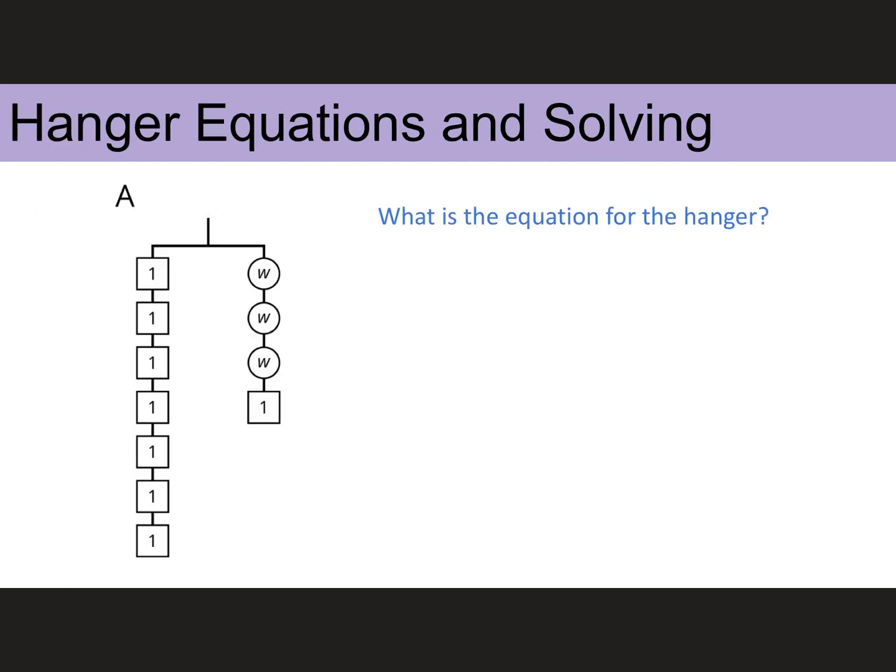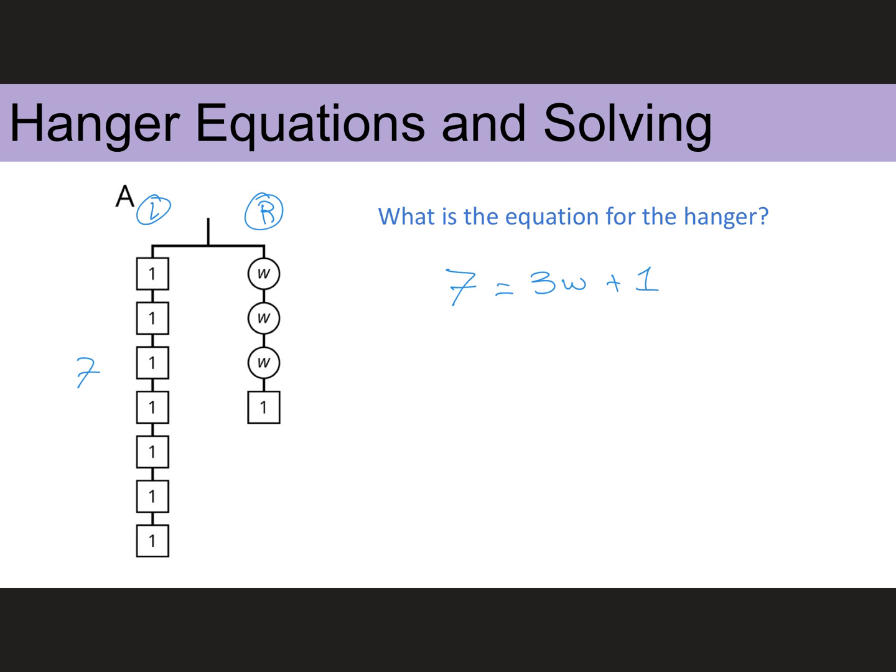All right, finally, just for fun, I'm going to do a 2-step equation for you. Now, we did this in class. Here's left, here's right. Now remember, in a hanger, one side is always balanced with the other, is the same as the other. So on the left side of my equation, I have 7. And on the right side of the equation, I have 3w's plus 1.